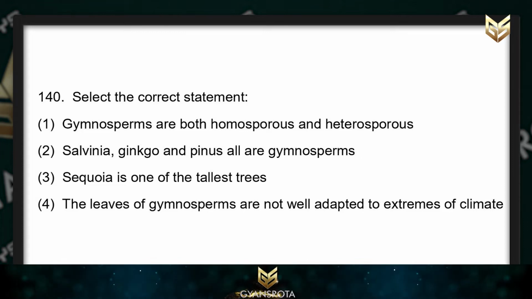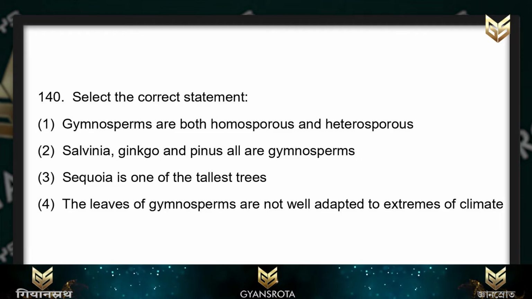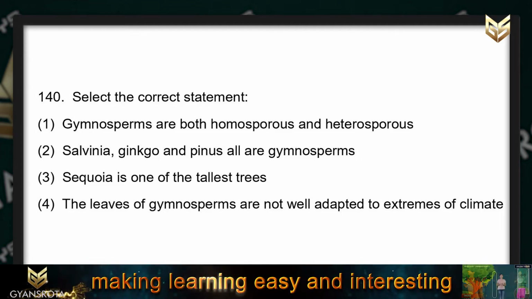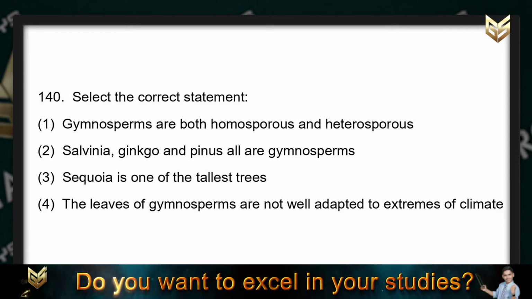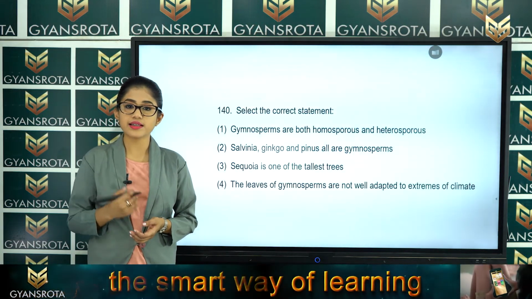And the next is Sequoia. Sequoia is one of the tallest tree, that is the correct statement. And the fourth statement is the leaves of gymnosperm are not well adapted to extremes of climate. So we have described about this in the chapter Plant Kingdom.